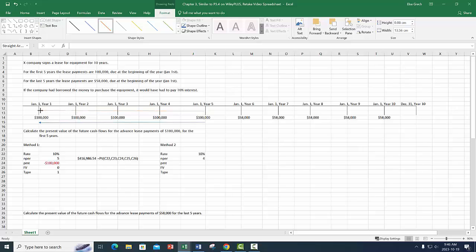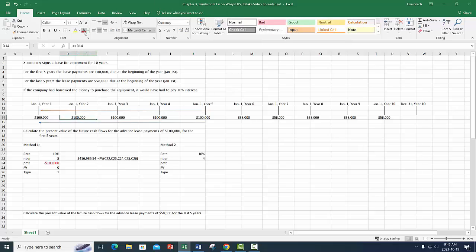Yes, I'm present valuing them all the way to here, but I'm only going to present value these 4 payments. I'm not going to present value the first payment because it doesn't need to be present valued. So there's only 4 periods of payment. If we count the periods, 1, 2, 3, 4. That's only 4 actual periods of time between one date and a date when I'm going to pay.